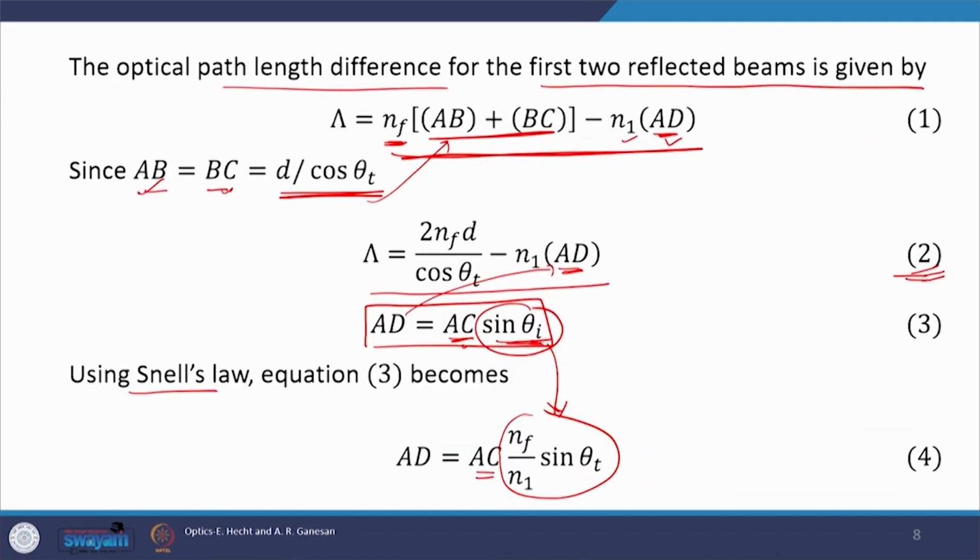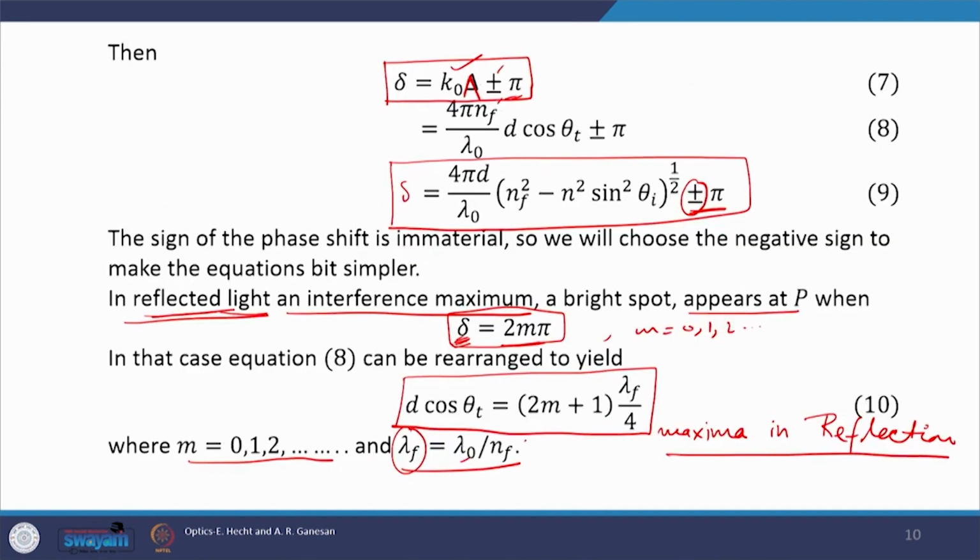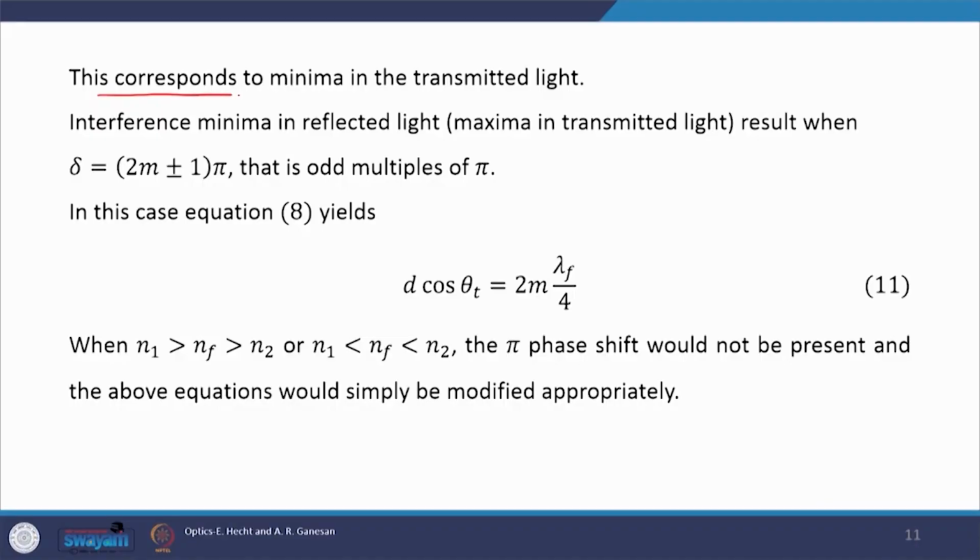It means this condition of maxima would be condition of minima in transmitted arm. Why? Because we will have to take away pi, the extra phase shift, because now the reflections involved here are both internal. They are occurring on same type of interface. Therefore, this previous relation also corresponds to minima in the transmitted light.